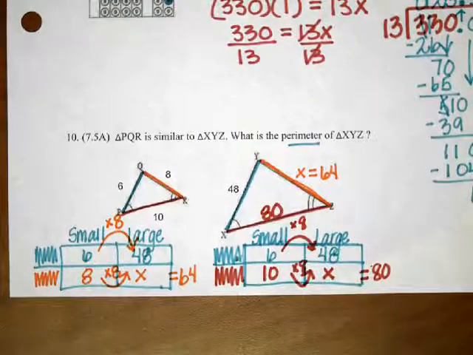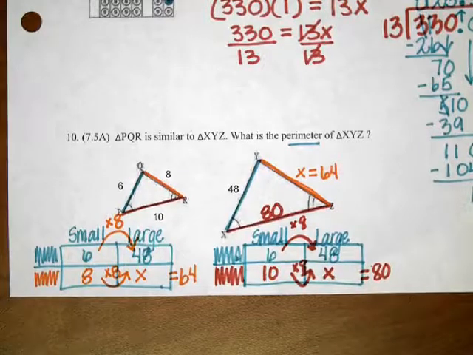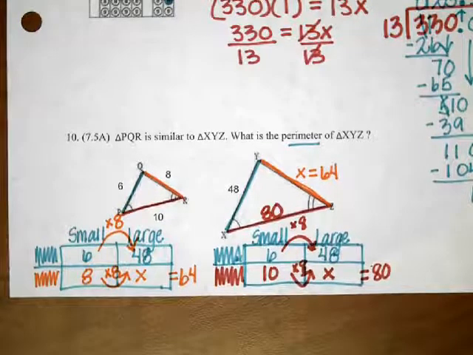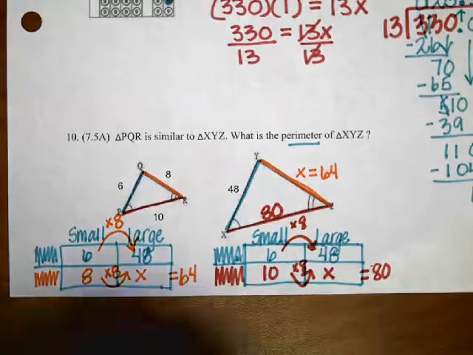The question isn't asking me to find the missing sides, but it's asking me to find the perimeter of my large triangle. So now that I have determined all my sides, I can easily find my perimeter. Perimeter is to add up all the sides, and that's what we'll be doing.